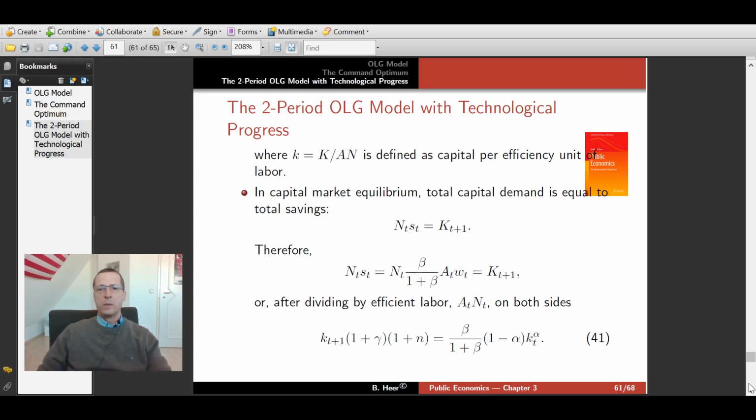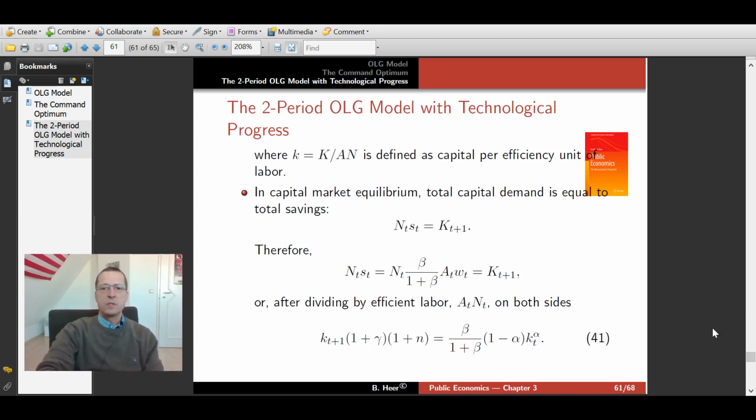Now, the capital market equilibrium, as we've learned before: total savings of the young households at the end of period t, which is individual savings s_t times the number of people N_t, are the beginning of period t+1 capital stock, and then the period t+1 capital stock is used in production over the period t+1, together with the new labor supply, which is efficiency A_t+1 times number of workers N_t+1.